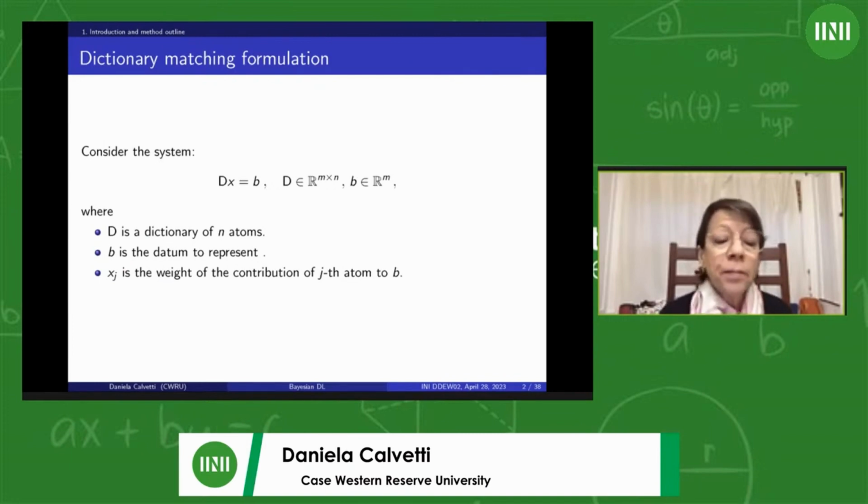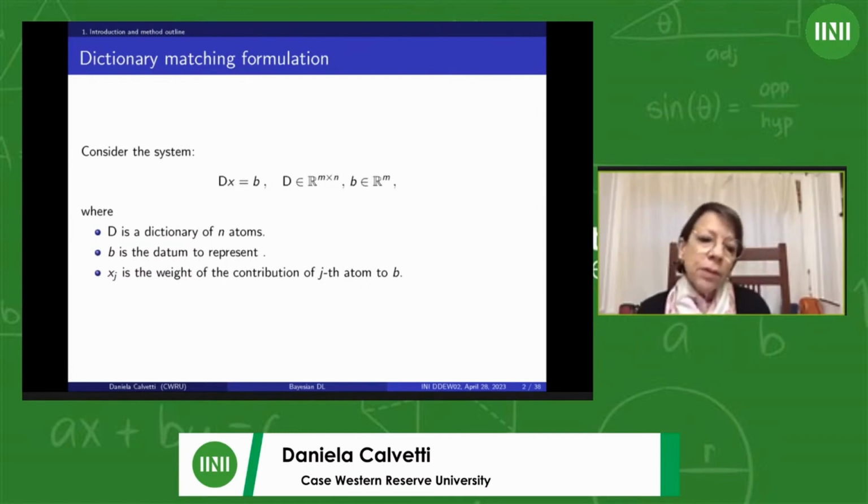And the columns of D are the objects that form our dictionary. They are often called atoms because of their somehow unitary and indistinguishable nature.